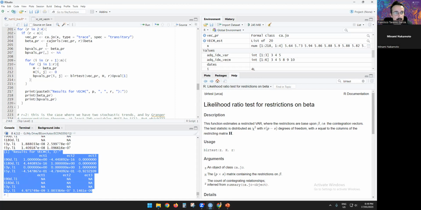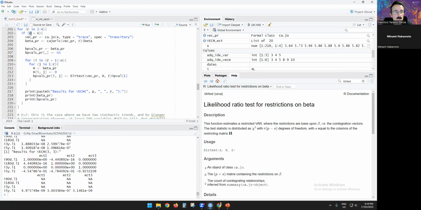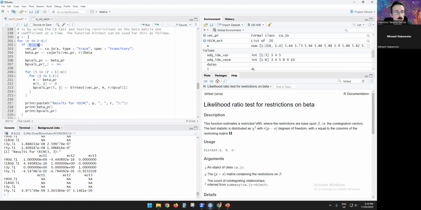One important thing, we are not dealing with 3.4, although we chose to have 4 there. You will see we're just doing it for ranks that are below the amount of variables we have, because if R equals 4, which is the amount of variables we have, it means it's just the VAR. It's not a VECM.